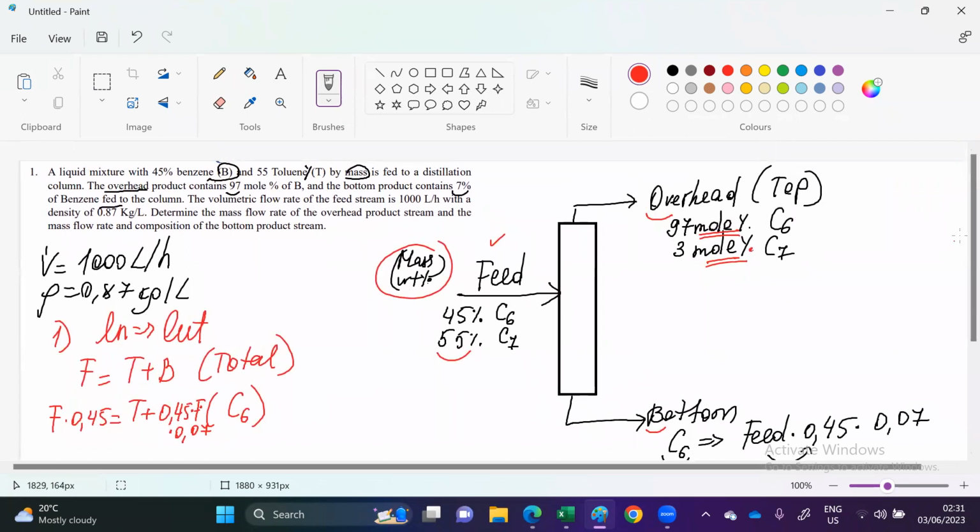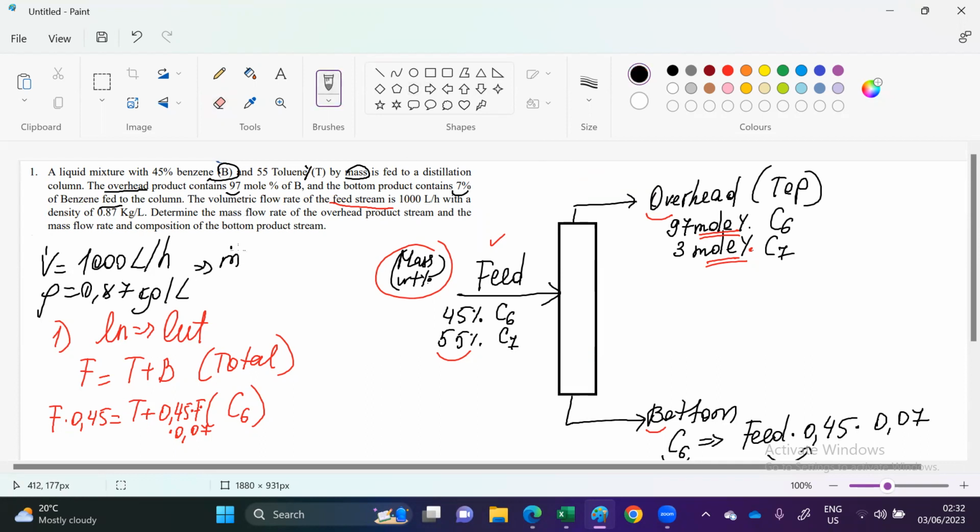Next, we should define the volumetric flow rate of the feed stream. In general, if the feed stream is not given, you can find it, or you can make an assumption. For example, you can take 100 kilograms per hour if it's not given. But in this case, the volumetric flow rate and density are given. It means I can easily find the inlet mass flow rate. So let's do it. How is it found?